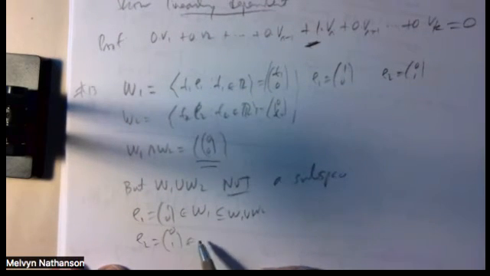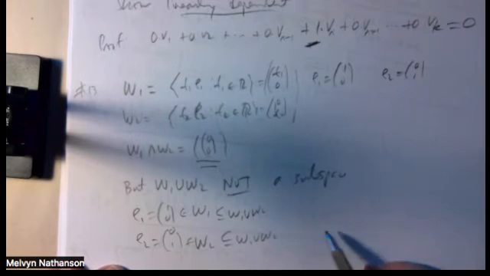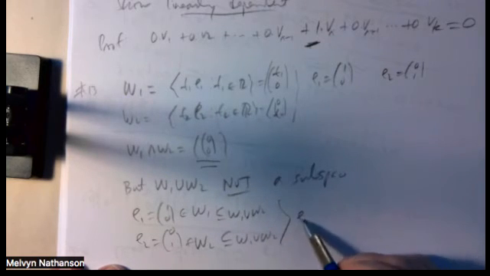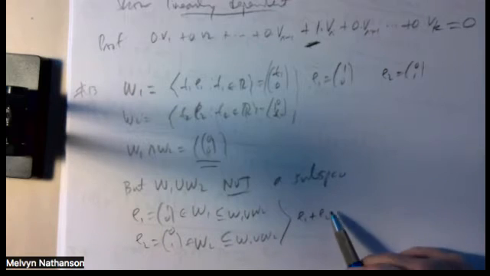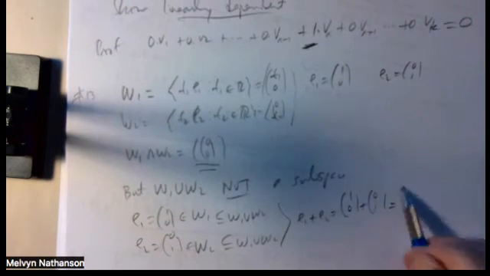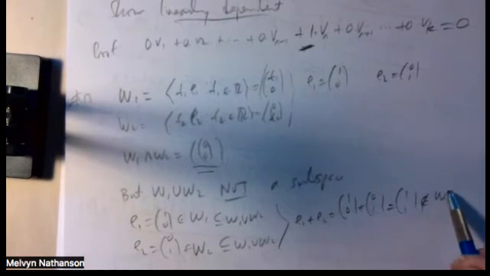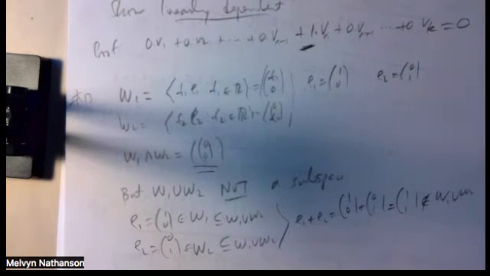The vector E2 is 0, 1. That's in W2. So that's contained in the union of these two subspaces. But what is E1 plus E2? That's 1, 0 plus 0, 1. That's the vector 1, 1. And this is not in W1 union W2.